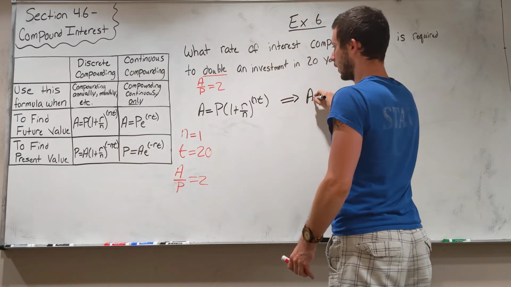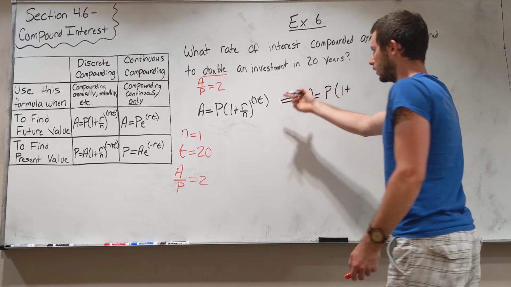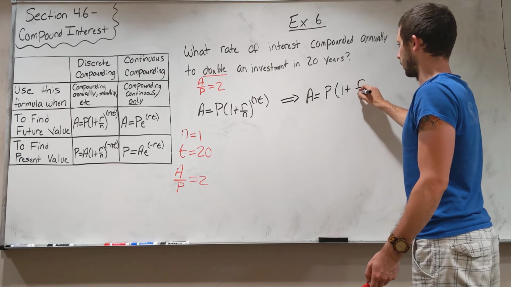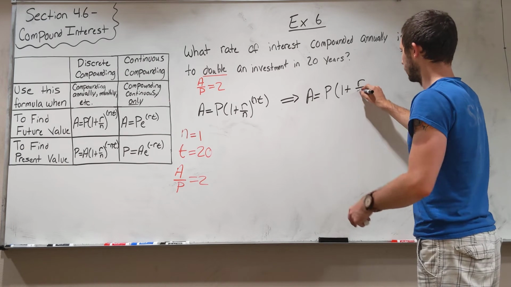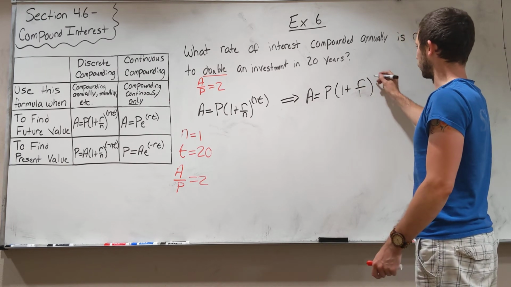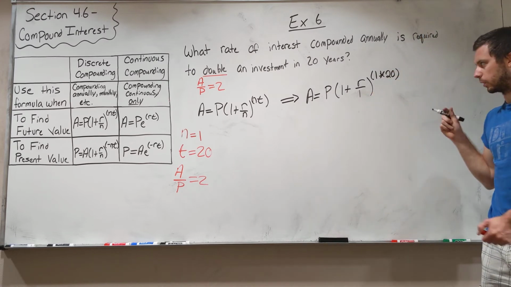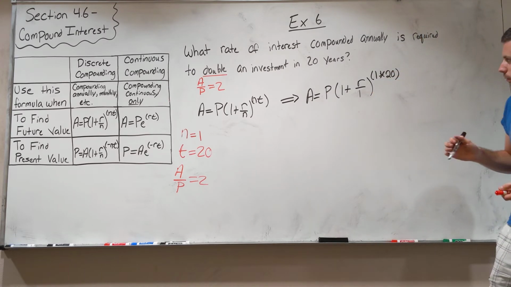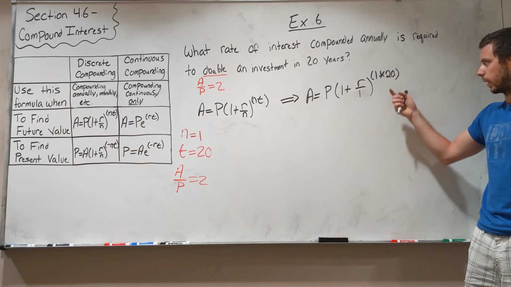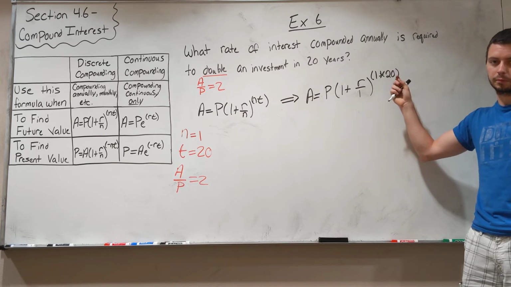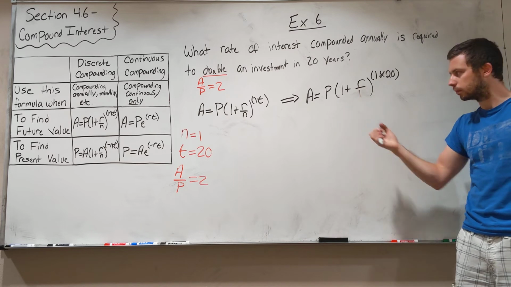So A, we'll keep A as A and P as P. So that's 1 plus the rate, which we don't know, divided by 1, all of that raised to the 1 times 20. So this is what we get after we do all of that. Now, we do have an exponential function. It is true that we do not have a variable in the exponent, but we do have a variable in the base of an exponential.